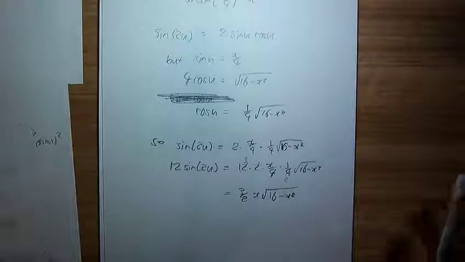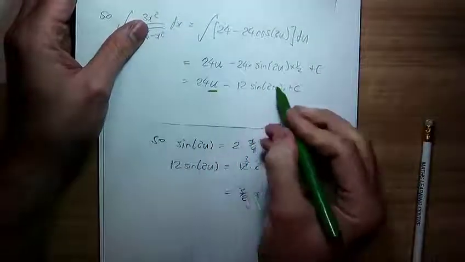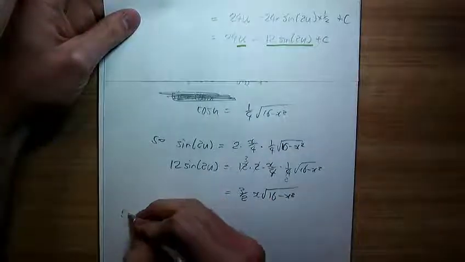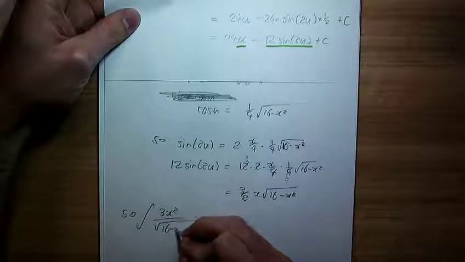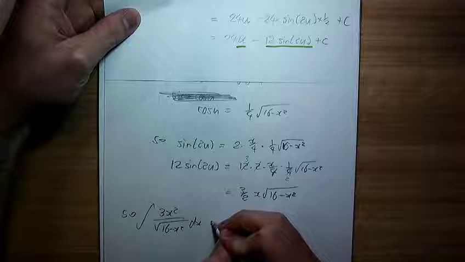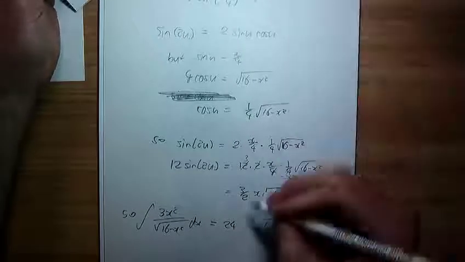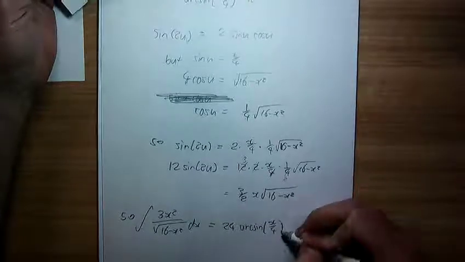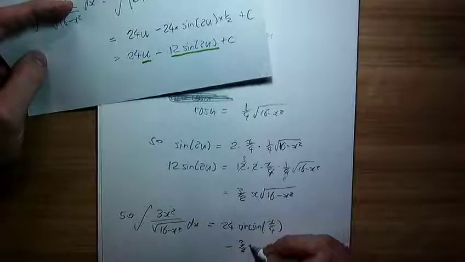Now where were we? Back here. We figured out what the u was. We figured out what this 12 sine 2u is. So my integral is now this. The 24 and the u was arc sine x on 4, and the 12 sine 2u was this.